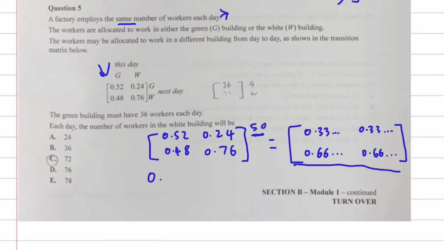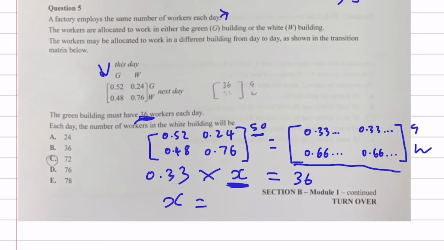So to get the number of workers at the white building, you do 0.33 times an initial number of workers equals 36, because there's 36 workers at the green building each day. So if you do that, x equals 108.